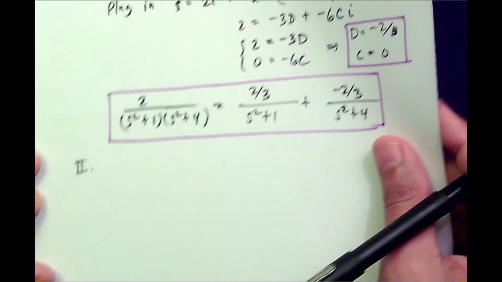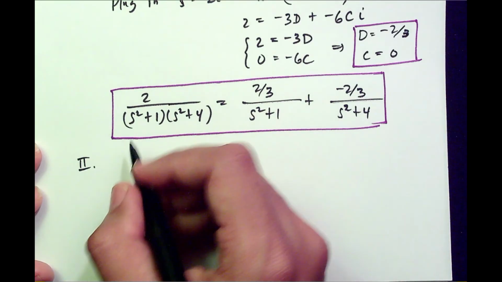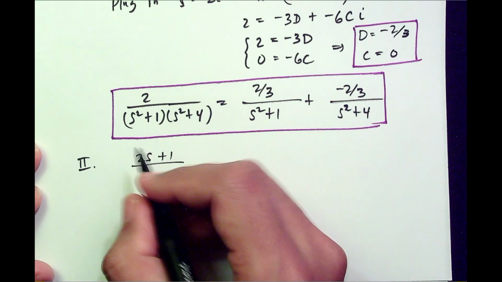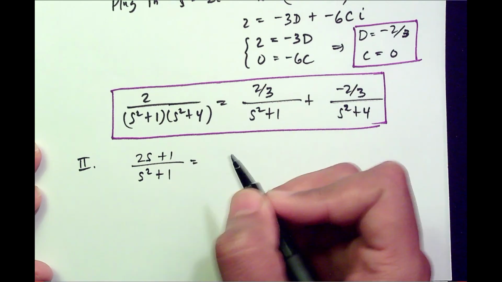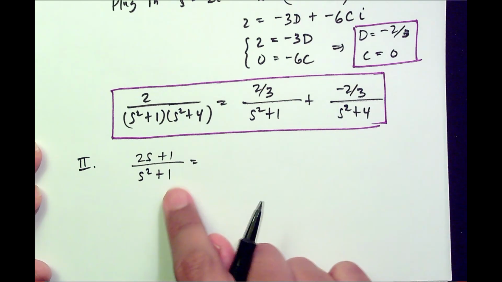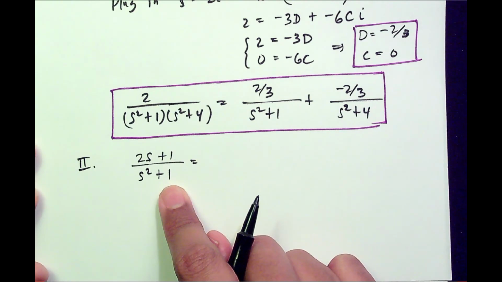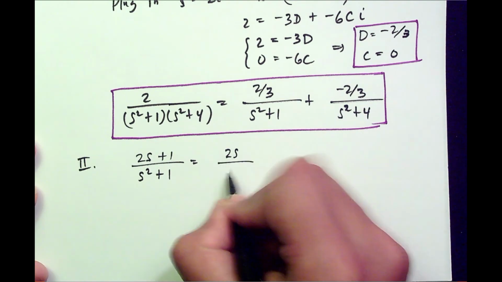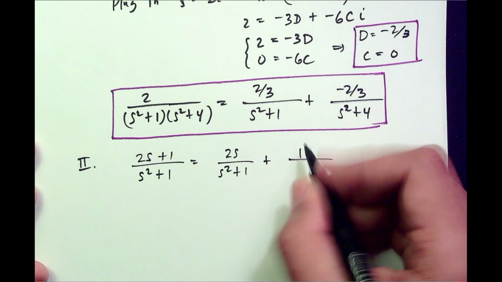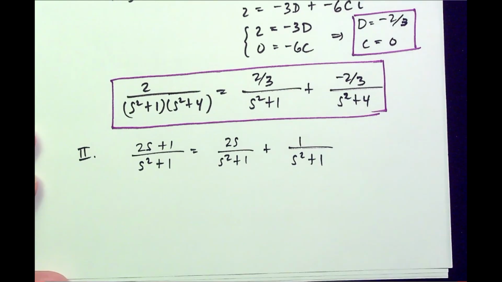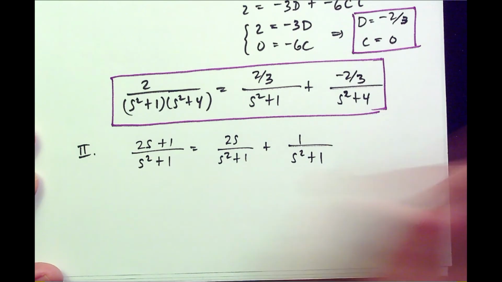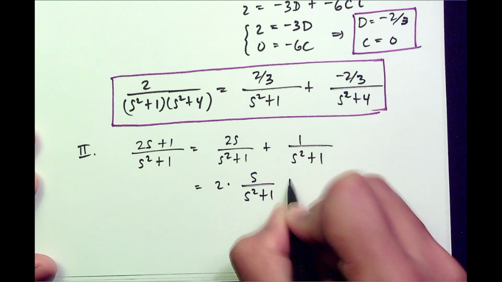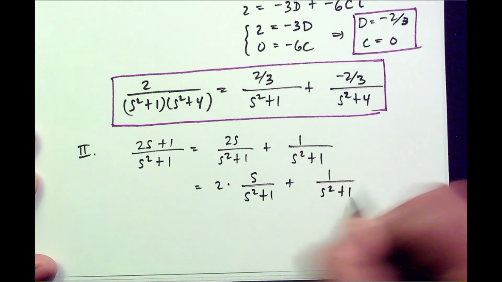So this is how we're going to break it up. I'm going to copy it here. It is 2s plus 1 over s squared plus 1. The problem is this does not appear like that on the formula sheet, so we need to break it up. This is 2s over s squared plus 1 plus 1 over s squared plus 1, and this is actually 2 times s over s squared plus 1 plus 1 over s squared plus 1.